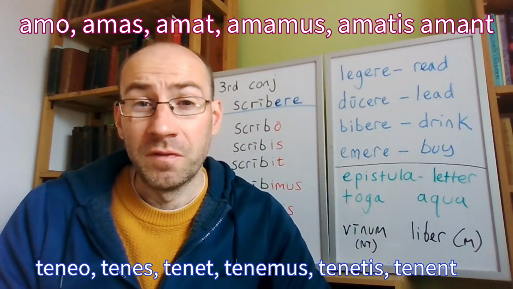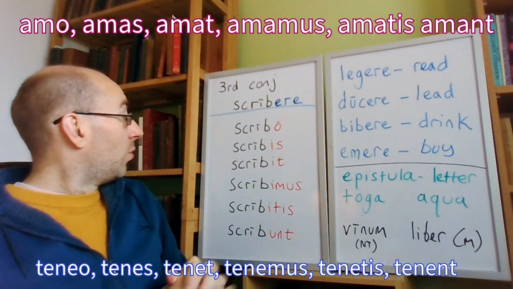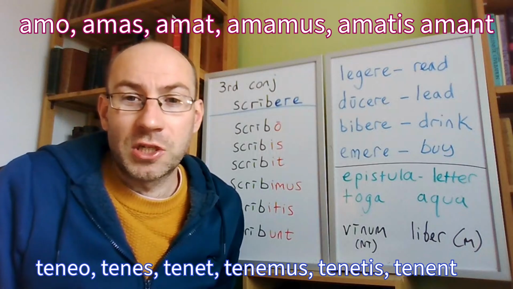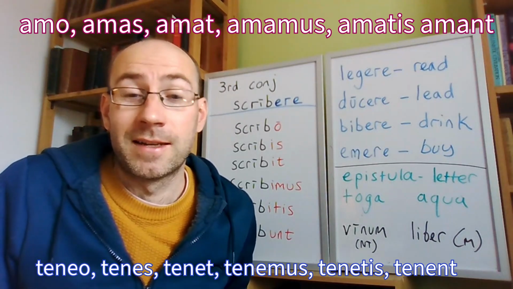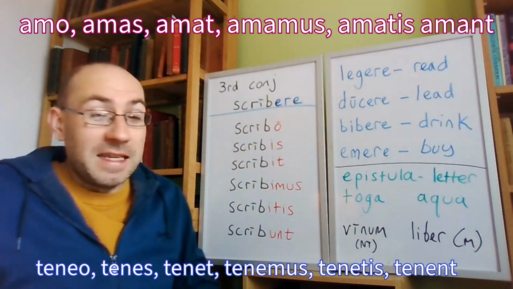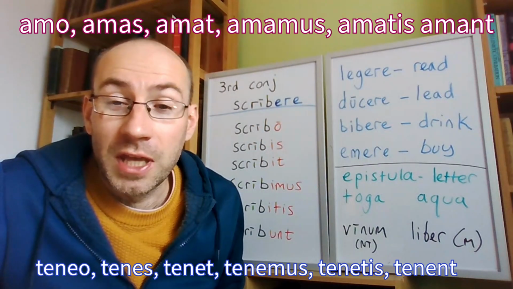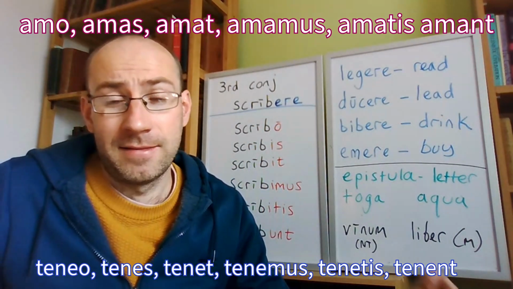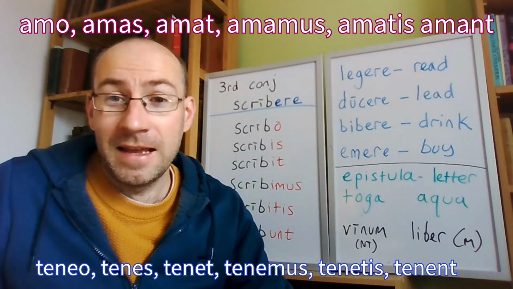So third conjugation verbs. Our example is scribere, a bit like the scribe, to write. Now you'll notice this infinitive also ends in -ere, much like the second conjugation. However, the second conjugation has a long e: habere, tenere, videre, monere.